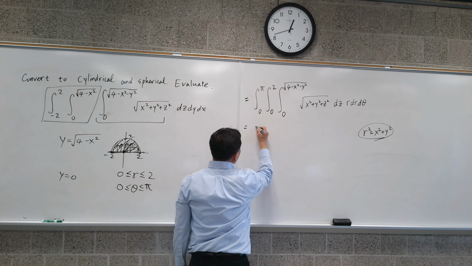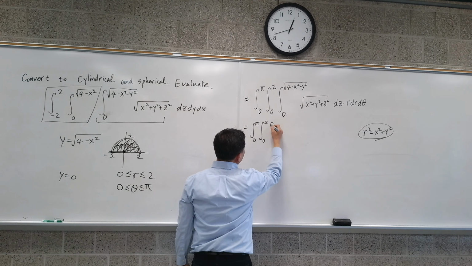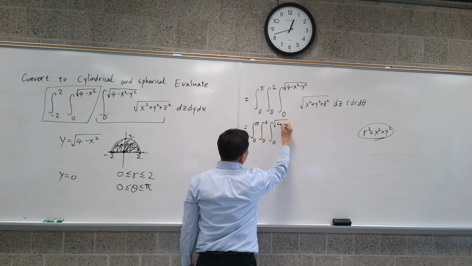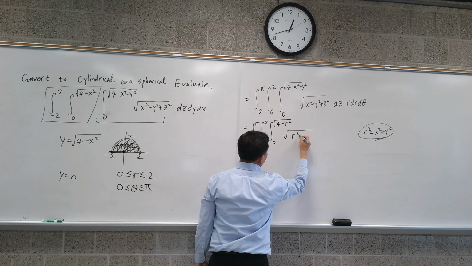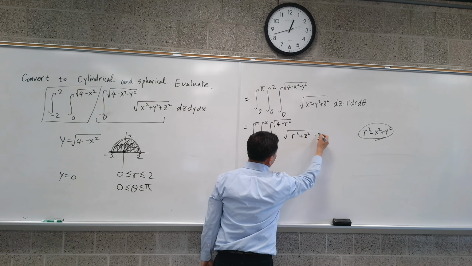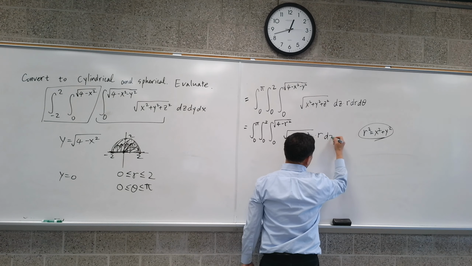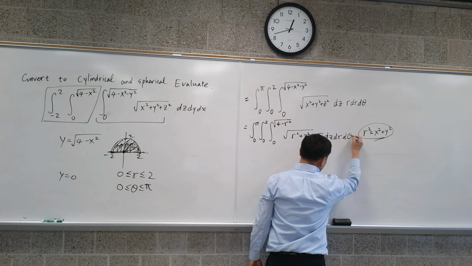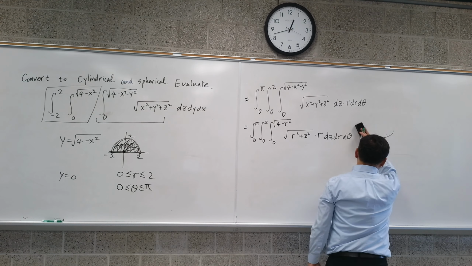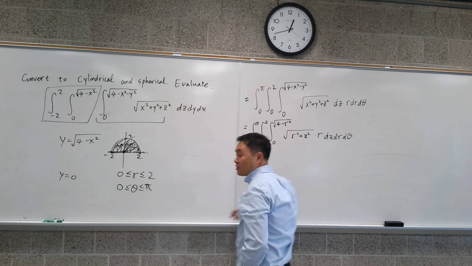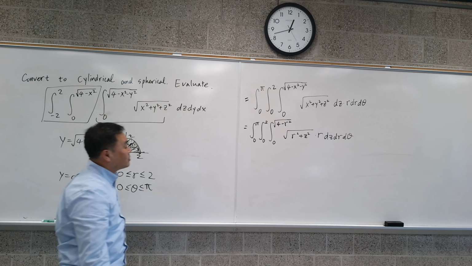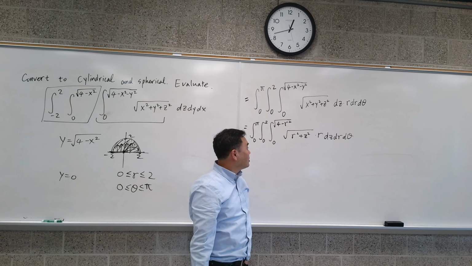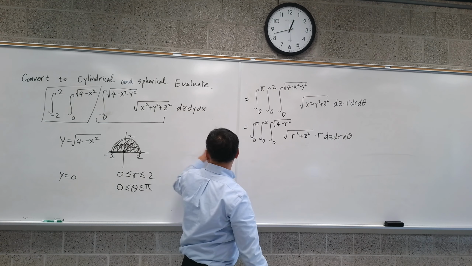So you can rewrite this again as 0 to square root of 4 minus r squared, square root of r squared plus z squared times r dz dr d theta. Okay, so that's going to be cylindrical.